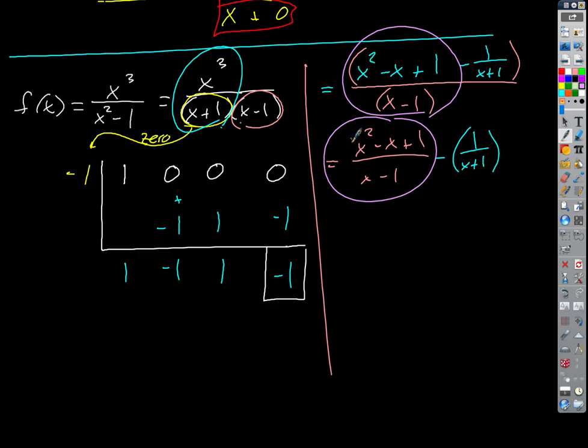I didn't change anything, I'm just going to break it into a couple parts. I've got a polynomial part, a rational function part, and this part that already has a denominator that I'm going to multiply through by 1 over x minus 1. Effectively, all I did was distribute the 1 over x minus 1 to the polynomial part and the remainder part. Does that make sense?